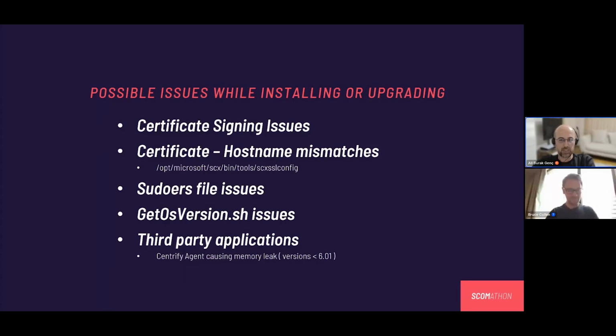Well, it doesn't mean that things should always go so smoothly, and some problems may occur during installation or upgrades. Since Linux agents do not have auto-enrolled certificates, they must be created and signed by one of the resource pool members.